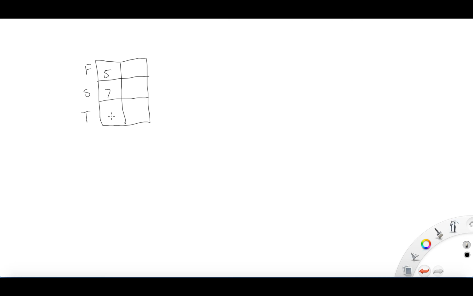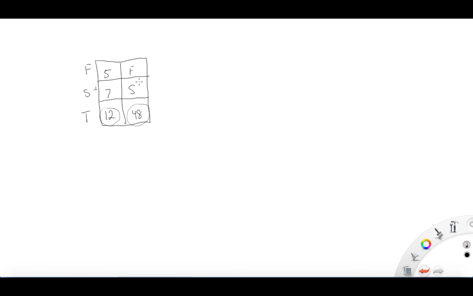Well, what's 5 plus 7? We've got to figure out what the total is. That's 12. We came up with that by just adding these two. Okay, now we don't know a couple of things. We don't know what football is, we don't know what soccer is, but we do know what the total is. The text will tell us that. It said the room totaled 48 players.